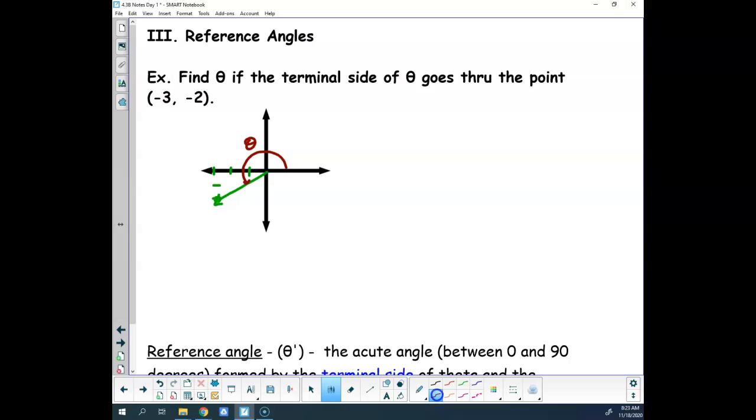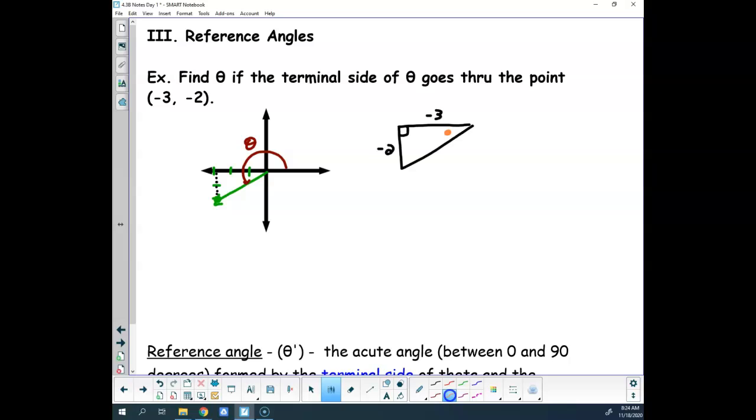Well, let's break that out. This looks like a triangle. If I were to draw that in there, this side would be -2, this side would be -3. There would be my right angle. And I'd want to find that angle right in there, correct?